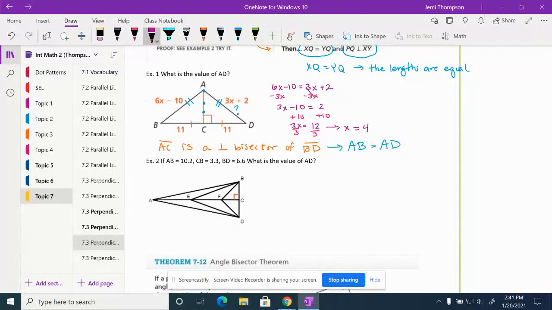I end up with finding the value of x, which is 4. Of course, if this video is going too quick for you, please either slow down the speed of the video or just pause it and then resume when ready.